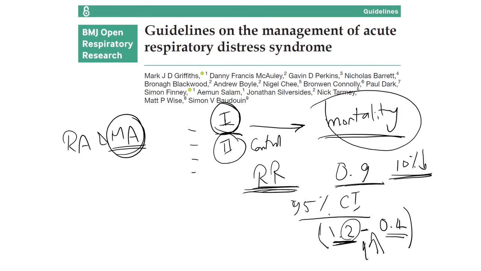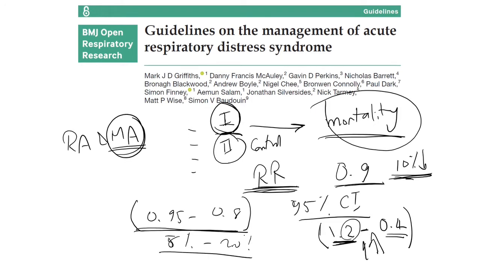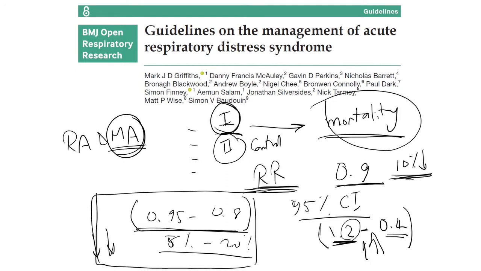However, if the same relative risk of 0.9 was associated with a confidence interval of 0.8 to 0.95, this means that I am 95% confident that the mean reduction is 10%, but it ranges from a 5% reduction to a 20% reduction, and so by the end there is a reduction. So this is significant, and I can decide that this intervention is effective.